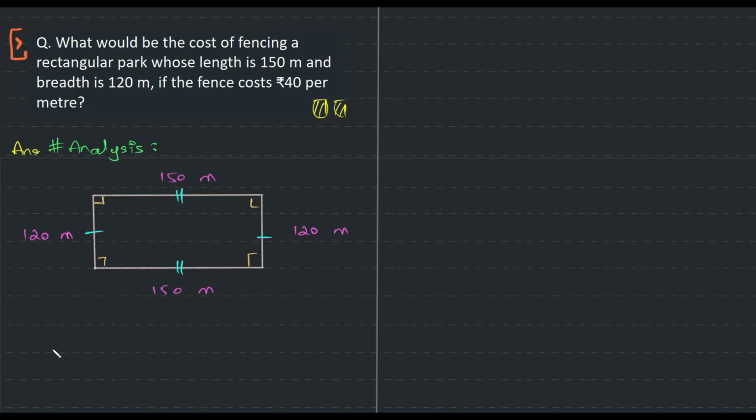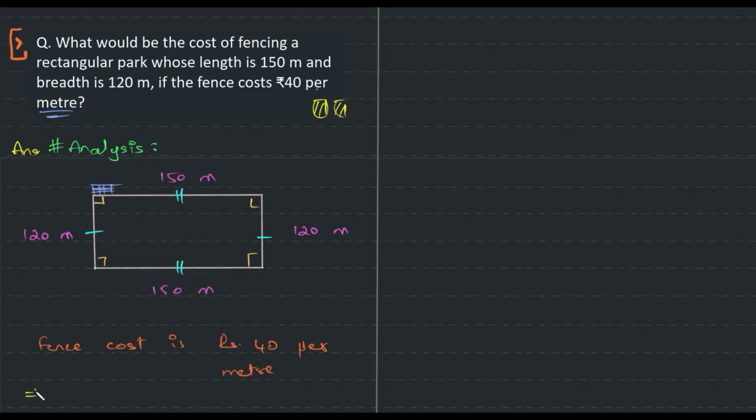Also, what they're telling us is, if I start fencing this, so if I start putting some barricade, if I start doing this for every meter, per meter, I need to pay 40 rupees. So fencing cost is rupees 40 per meter.